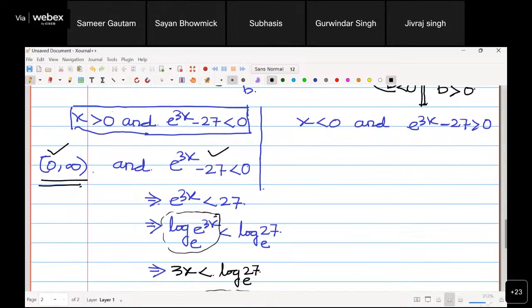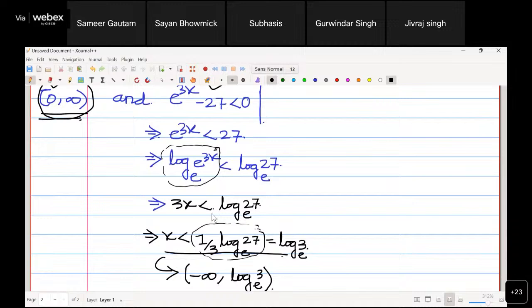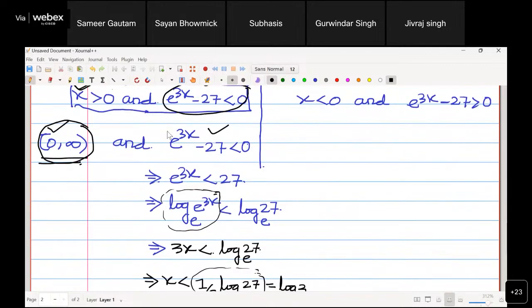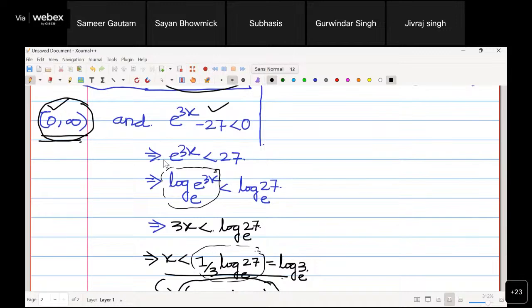This holds in this region, and this inequality holds in this region. So I need to find a region for which both inequalities hold together. Can you tell me what will be that region?